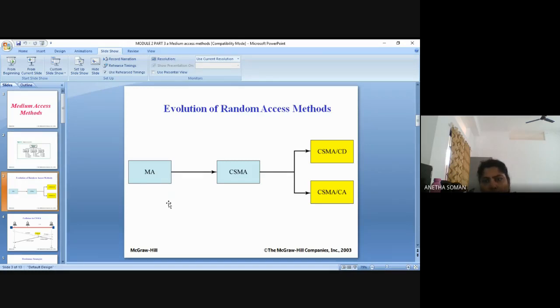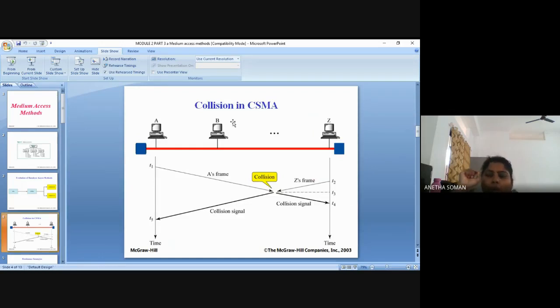In your syllabus, you have to study CSMA/CD and CSMA/CA. But to know that, you should know what CSMA is, carrier sense multiple access. So we will go with CSMA. Compared with the multiple access method, the first method, in CSMA you can minimize the chance of collision and increase the performance.